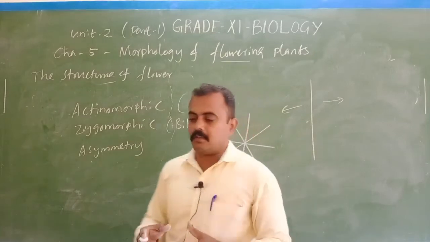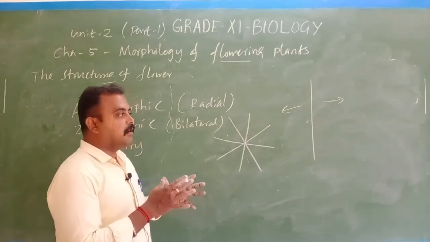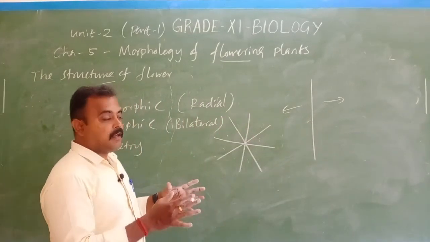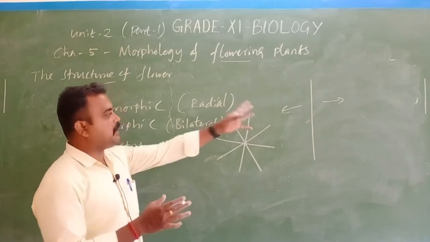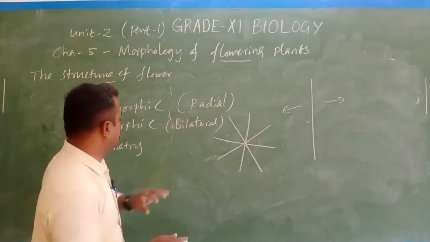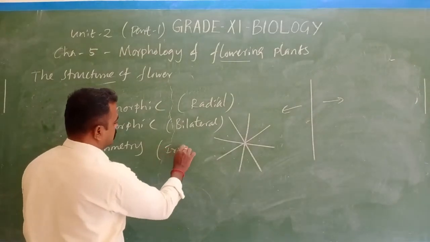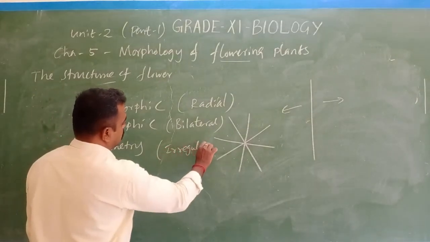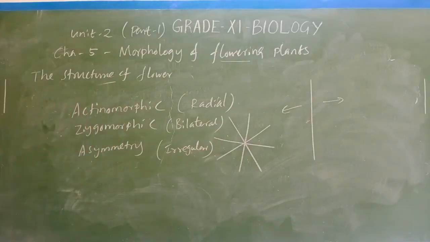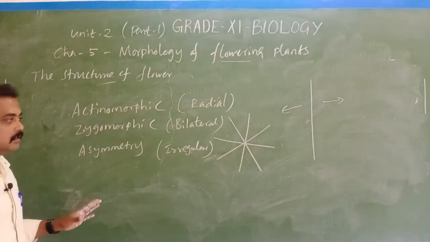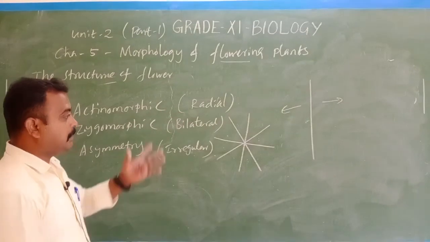Asymmetry means irregular shape, so you cannot cut it along any plane axis.